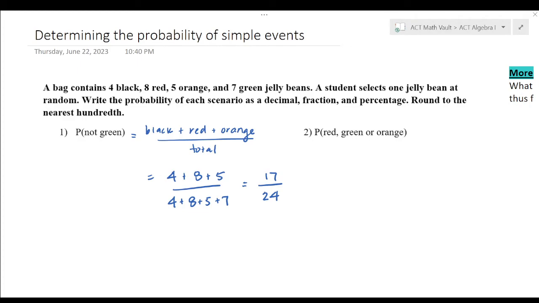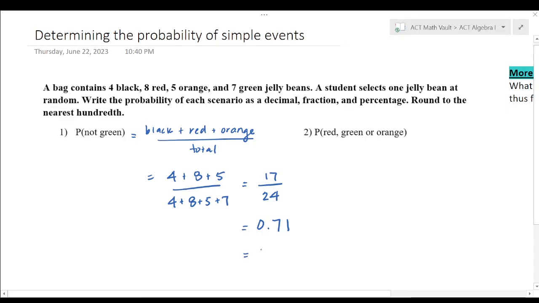So the final answer is 17 over 24, but notice that the directions say to write it as a decimal, fraction, and percentage. I mostly decided that in case it's written in a different form. It also says round to the nearest hundredth. So in this case, you could get that by typing the fraction into the calculator. I'm seeing 0.71 as the rounded answer.